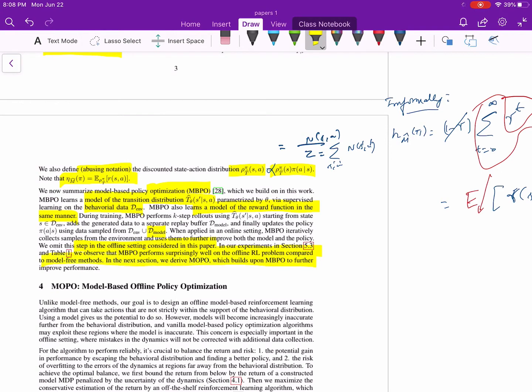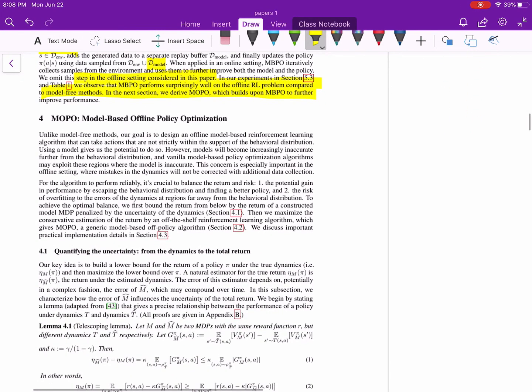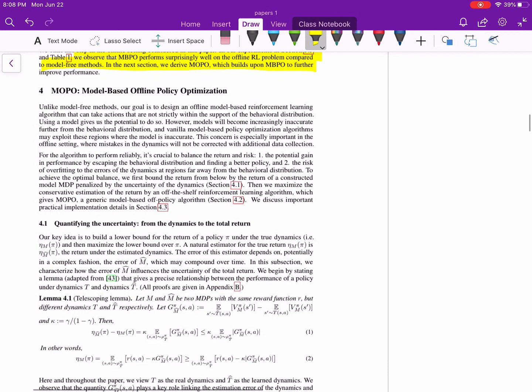Moving forward towards the main theoretical results of MOPO. This concern is especially important where mistakes in the dynamics will not be corrected with additional data.